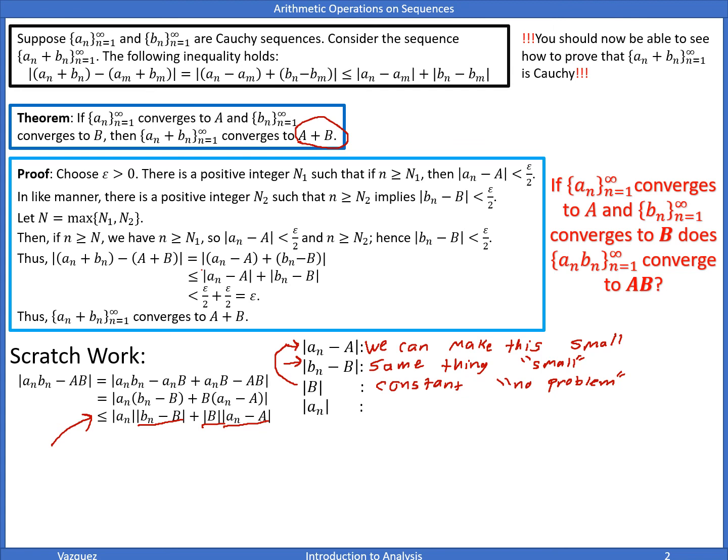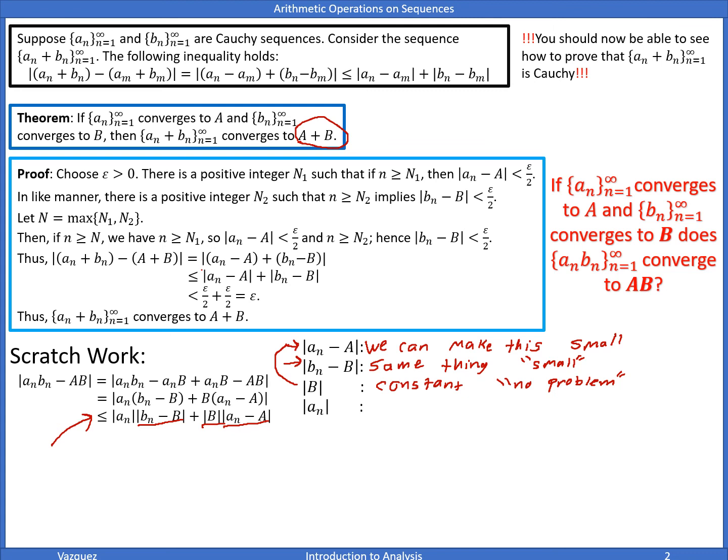But now what about a_n? How can we guarantee that it is small? Sure, it converges, but how can we guarantee that the terms themselves are small?